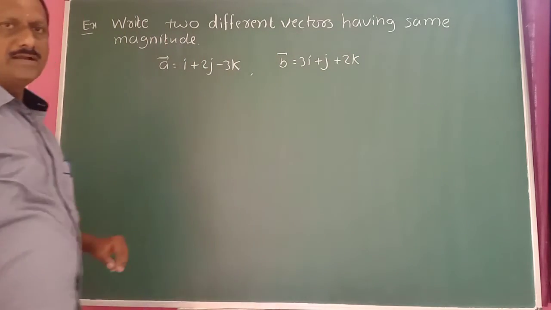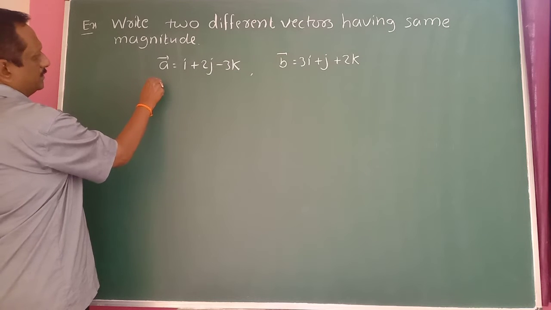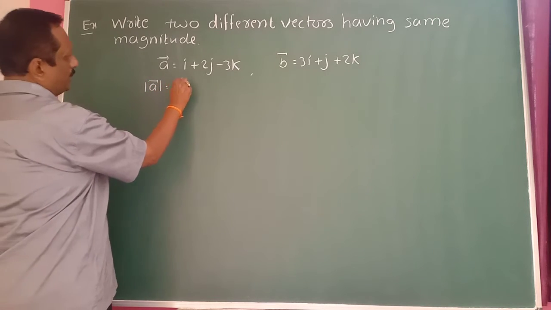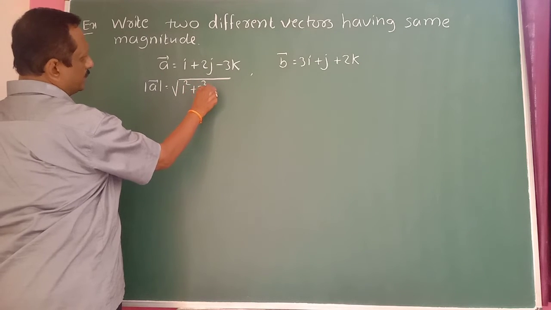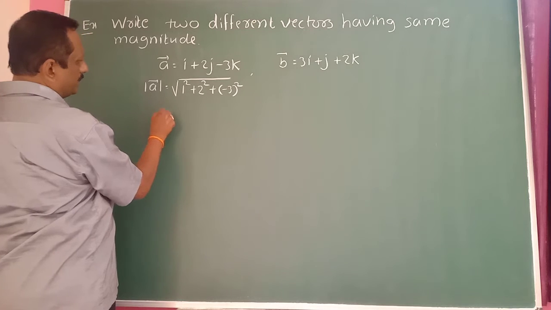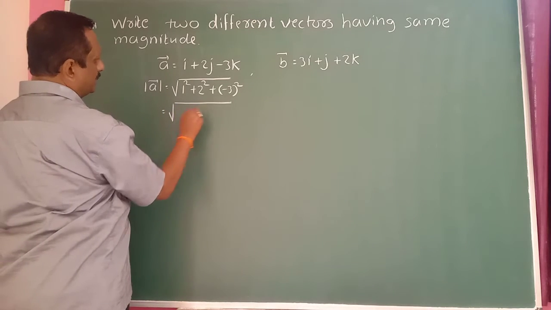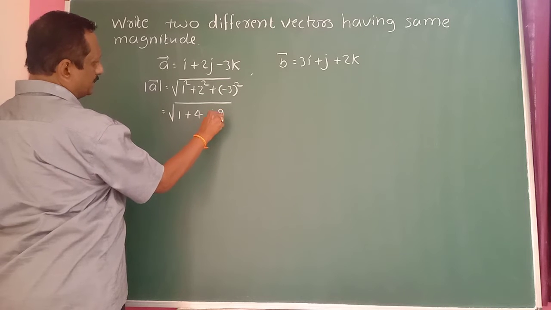These are the two different vectors. Then we'll find their modulus. Modulus of a bar is the root of 1 square plus 2 square plus minus 3 square. Then the root of 1 plus 4 plus 9.